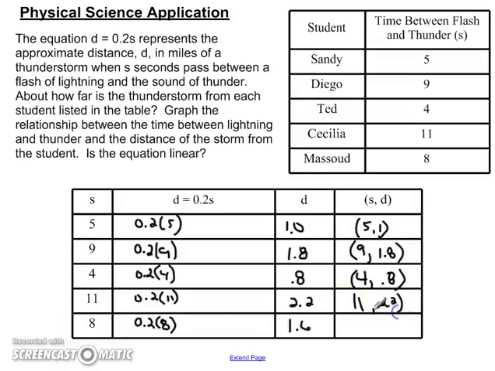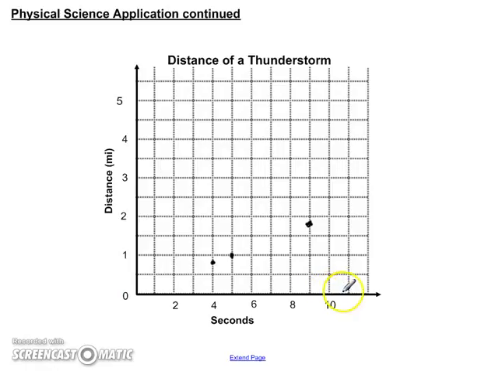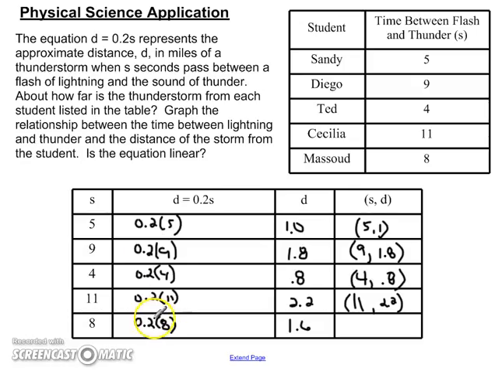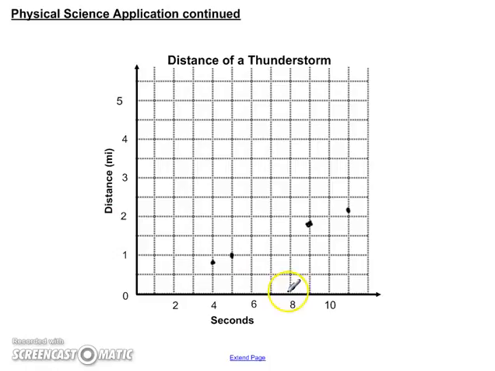So 11 seconds would be here, and 2.2 would be approximately there. And then we have 8 seconds paired with 1.6 miles. Okay, so back to my graph. 8 seconds would be here, and 1.6 would be just above.